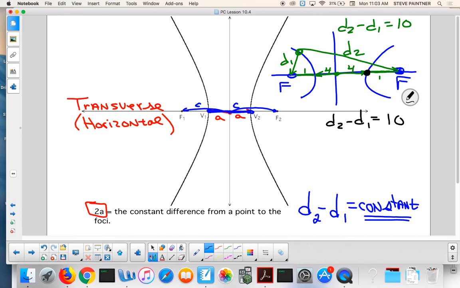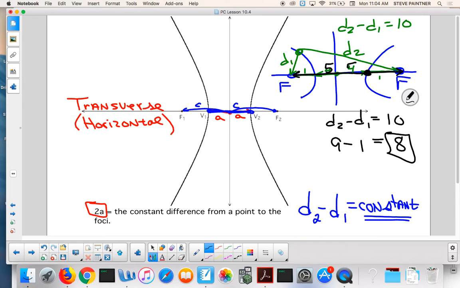What's the distance from here all the way to this focus? 9, minus this distance here to here, 1. We got 8. I should have had a 5, 5, 5, 1.